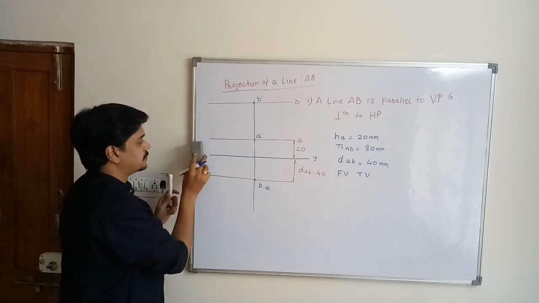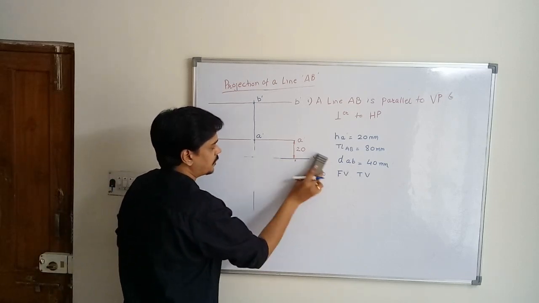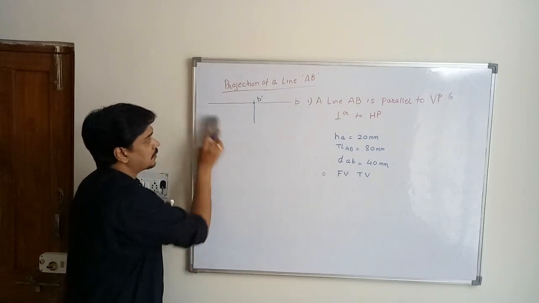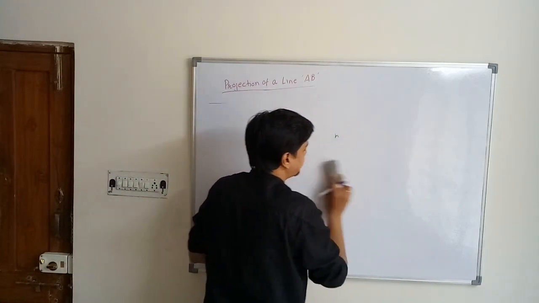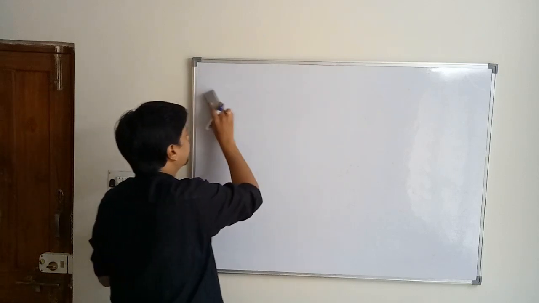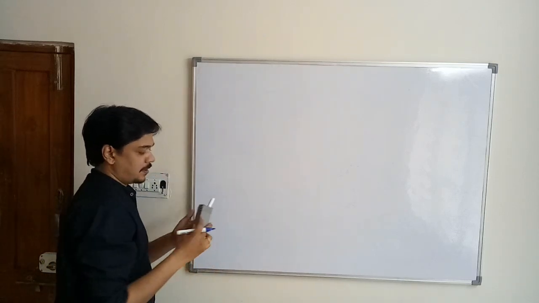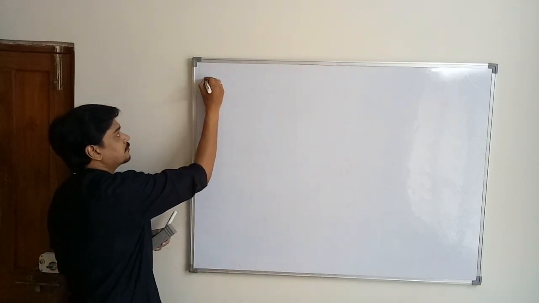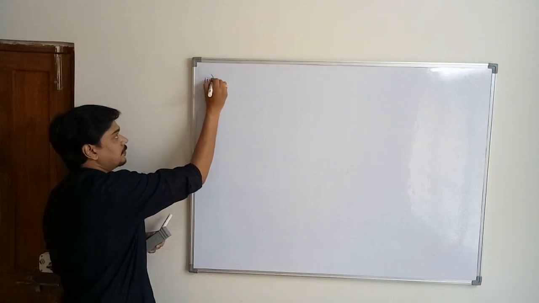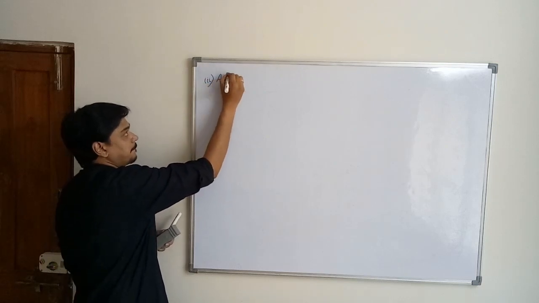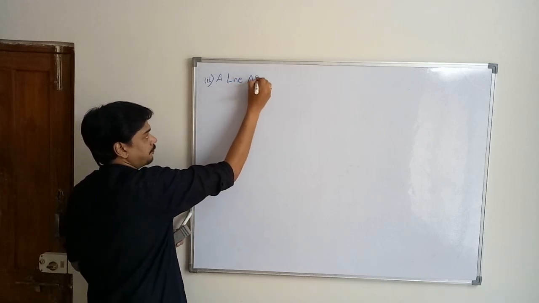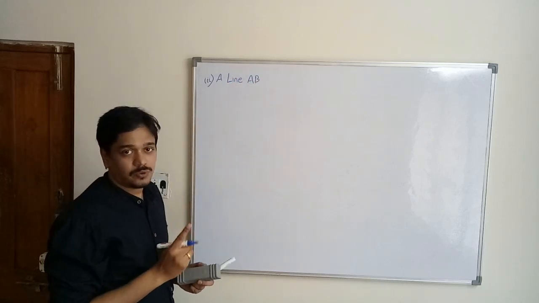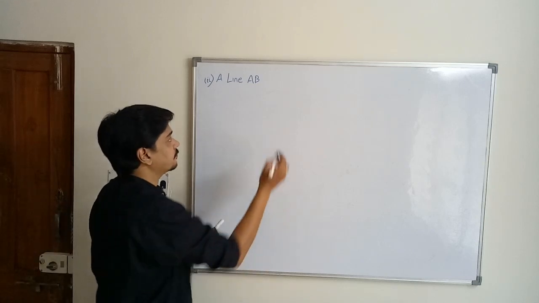The third case is a line AB parallel to HP as well as the vertical plane.